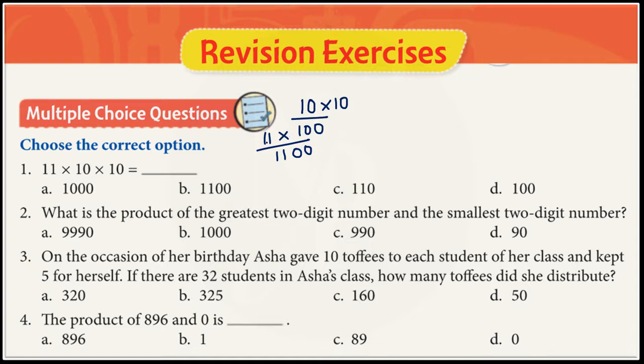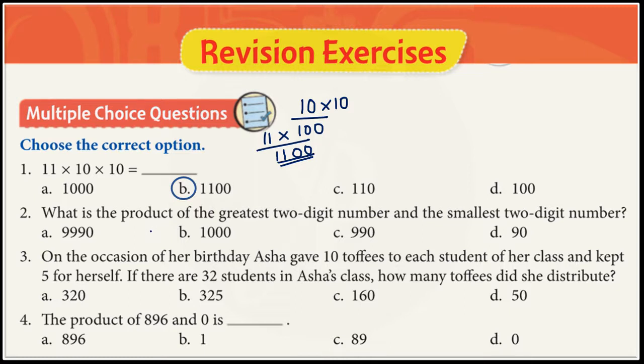When we multiply 11 by 100, we put 2 zeros towards the right of this number, and that gives the product. In the given options, option A is 1000 and option B is 1100, which is the correct answer for this question. So let us mark option B as the correct answer.